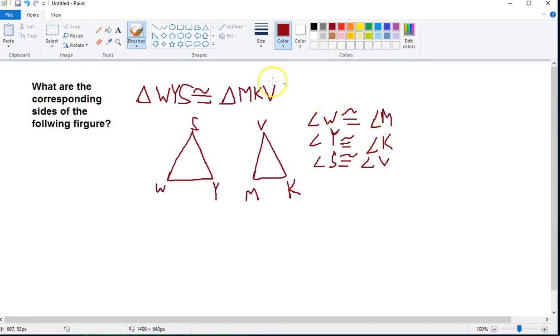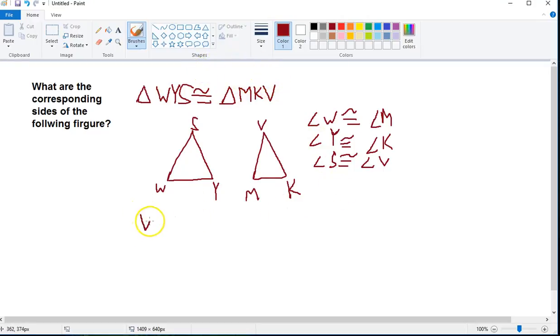Alright, angles just go in order. Same thing with the different corresponding sides. You go WY, MK, YS, KV, and WS, and then you can either go VM or MV. That's up to you.